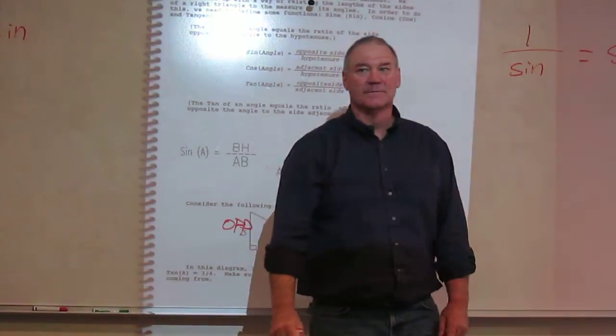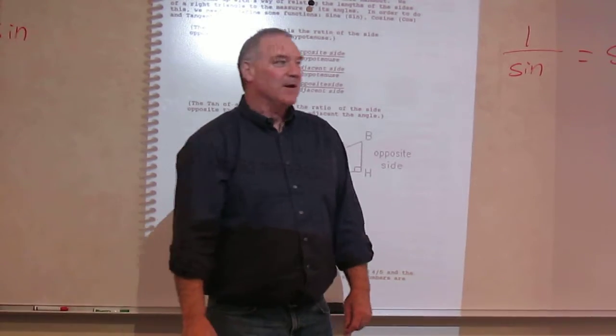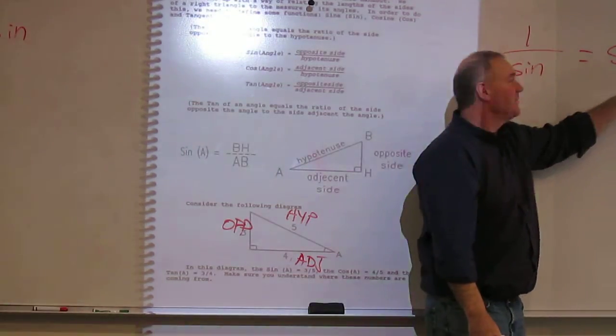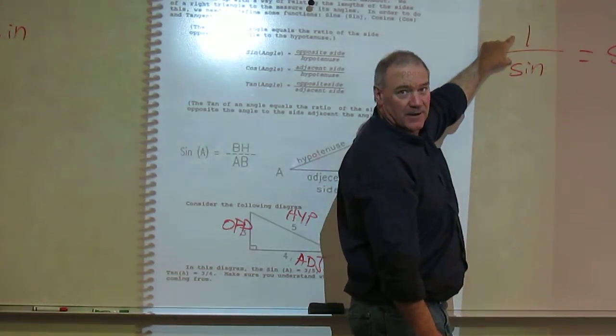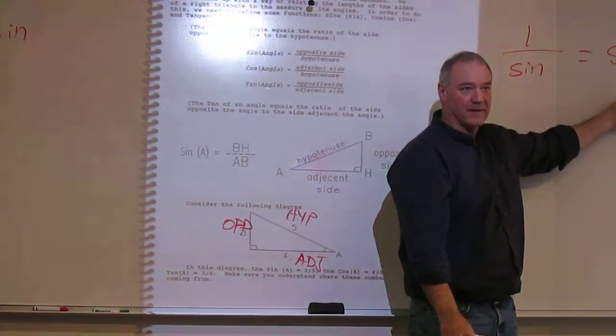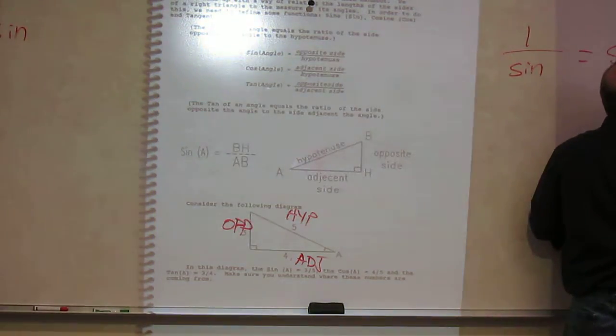Have you seen that? It's probably on your calculator. This is just a power of -1. It's just rewriting this equation. Instead of writing 1 over sine, we write it as sine minus 1. They're the same thing. We call this arc sine.